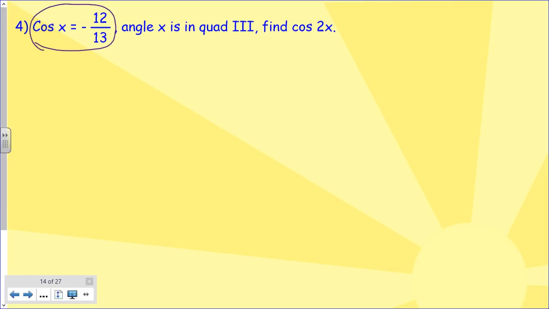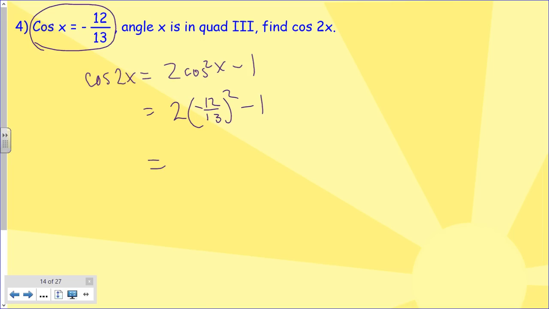So I do have a formula for cosine of 2x, which would be equal to 2 cosine squared x minus 1. So I have 2 times negative 12 over 13 squared minus 1. Well, negative 12 squared is positive 144 over 169 minus 1.